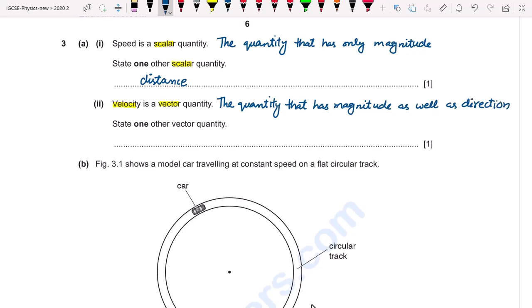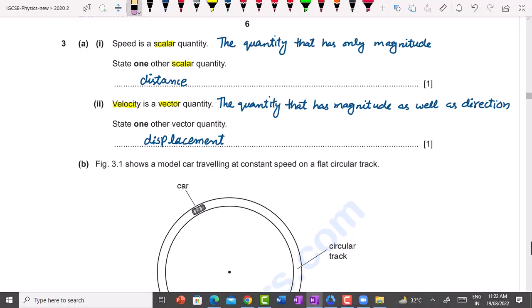So the vector quantity is displacement. Displacement has both magnitude and direction. That's why it is a vector quantity.